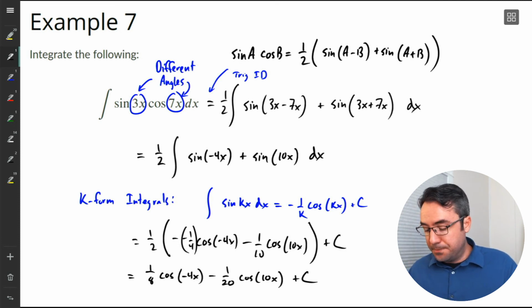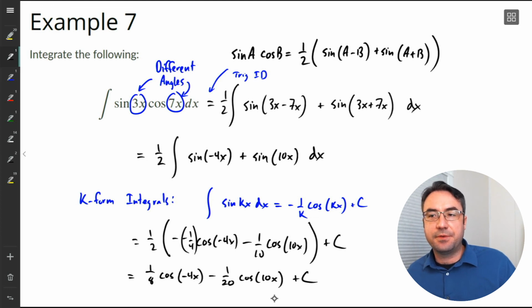And if we wanted to, cosine is an even function, so we could simplify this cosine of negative 4x a little bit further, but that's fine. We'll stop there. We have our antiderivative now all in terms of x.